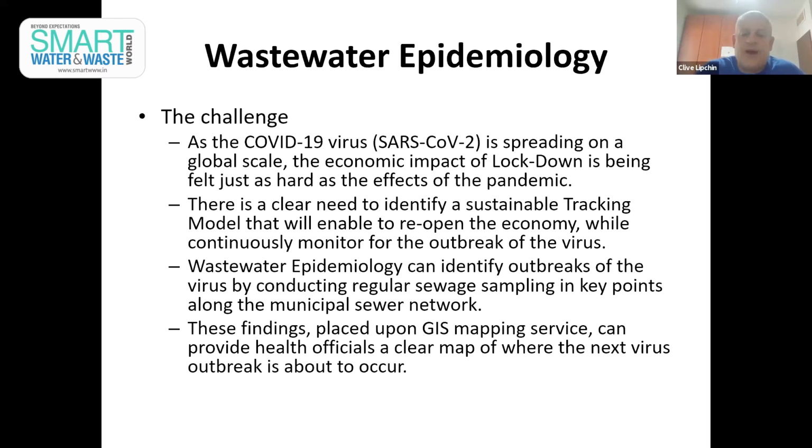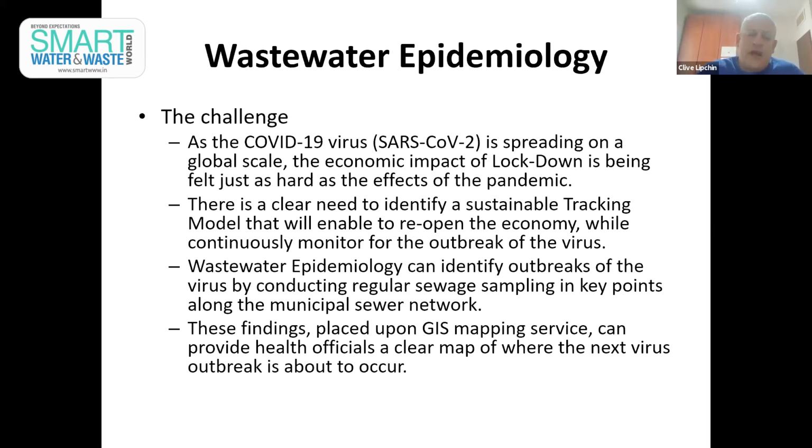This is because by using wastewater epidemiology, we can identify outbreaks of the virus by regularly sampling across sewage networks. And in this way, we can develop an early warning system of where an outbreak is expected to occur before that outbreak actually happens.